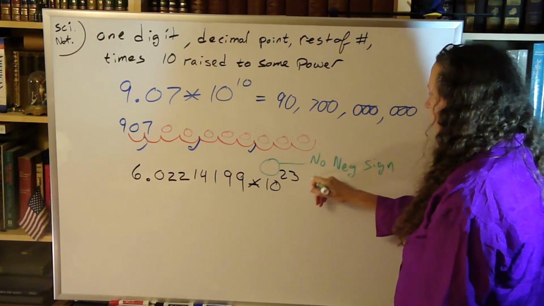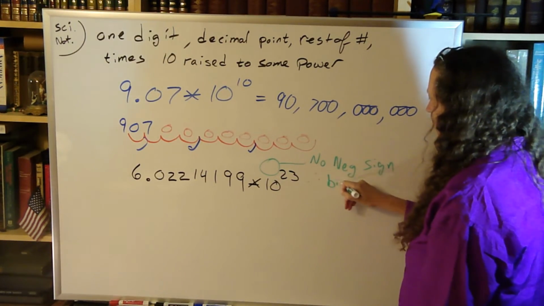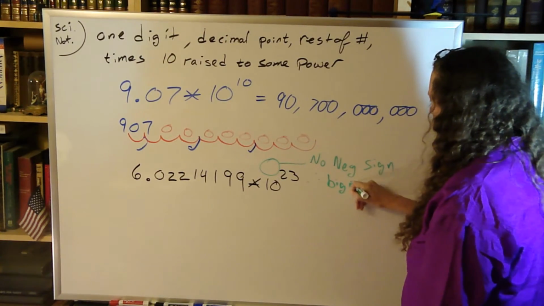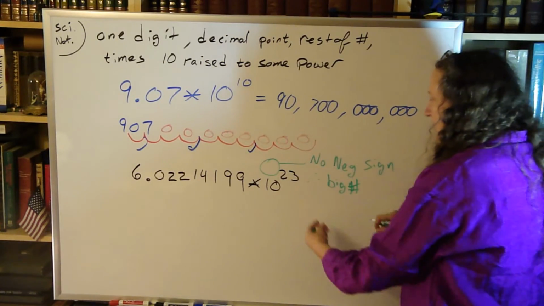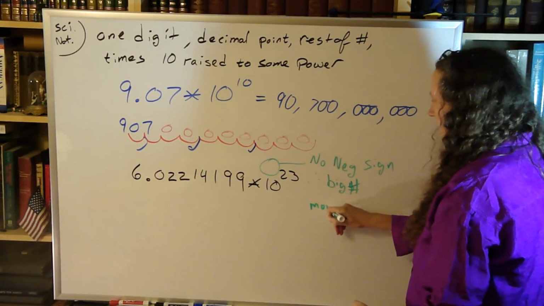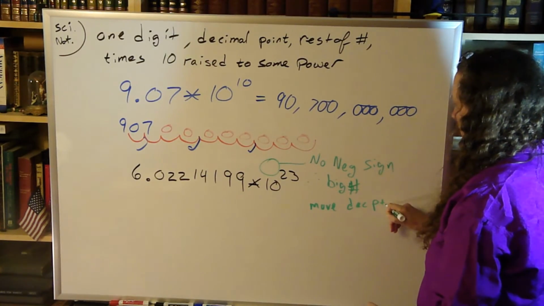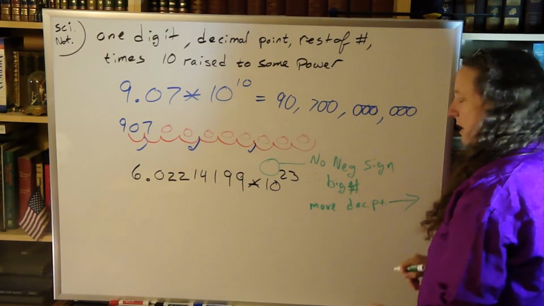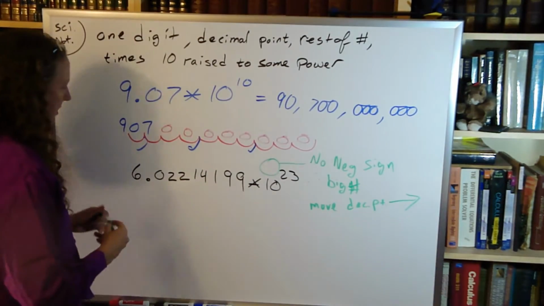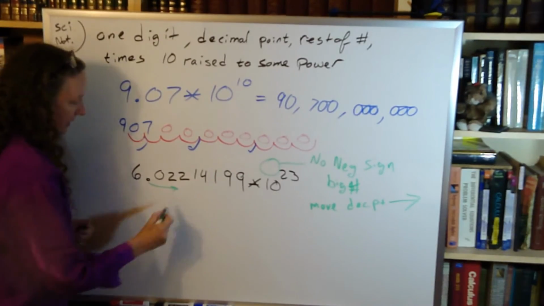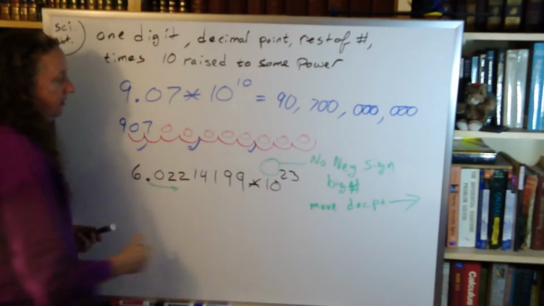So therefore, big number, so I'm going to be moving my decimal point to the right. So I'm taking that and moving it in that direction, 23 places in that direction.